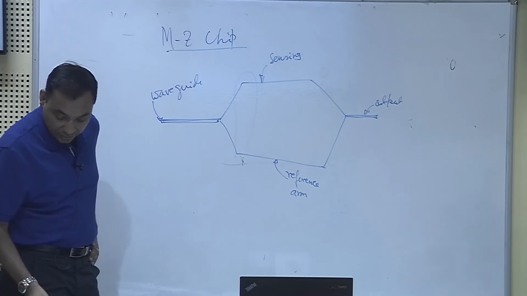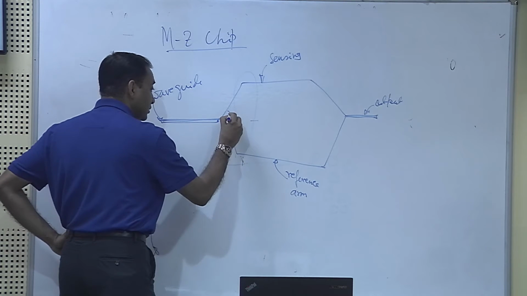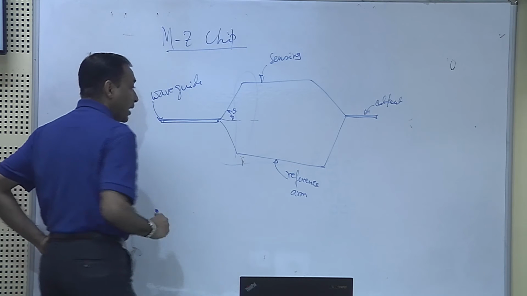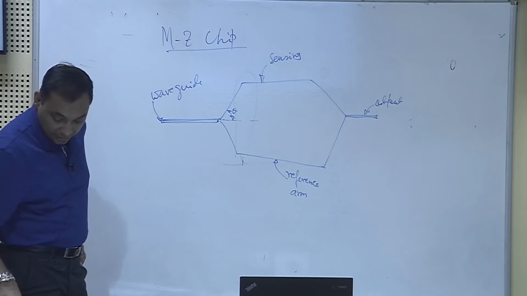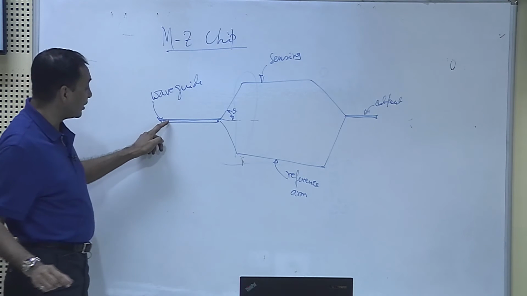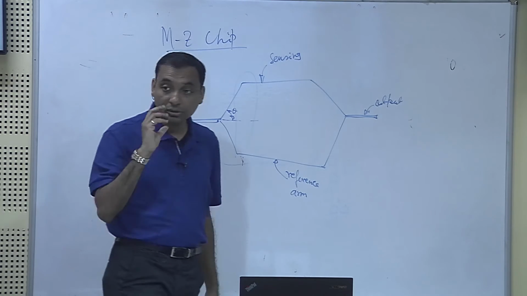The reason we use the Mach-Zehnder is that it needs to have a particular angle. This theta is important, and it needs a particular material so that the refractive index of the waveguide versus the surrounding can create a total internal reflection.